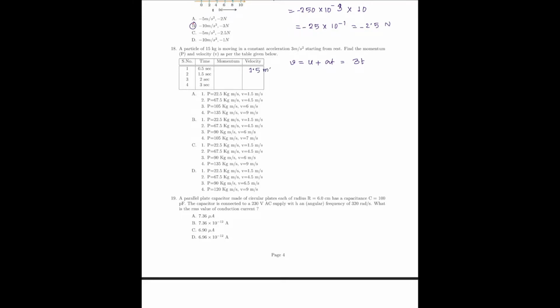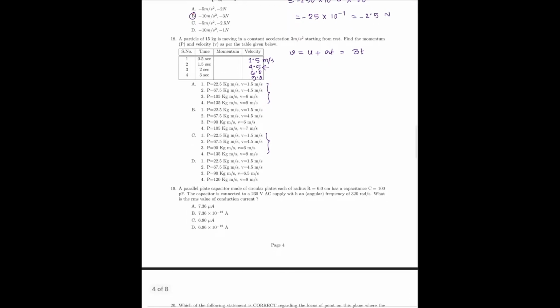All are in meter per second, and now 1.5 is 3 times 0.5, so that would be 4.5, and 2 is basically 4 times 0.5, so that would be 6.0, and 3 is basically 2 times 1.5, so you need to multiply this number by 2, that would be 9.0.